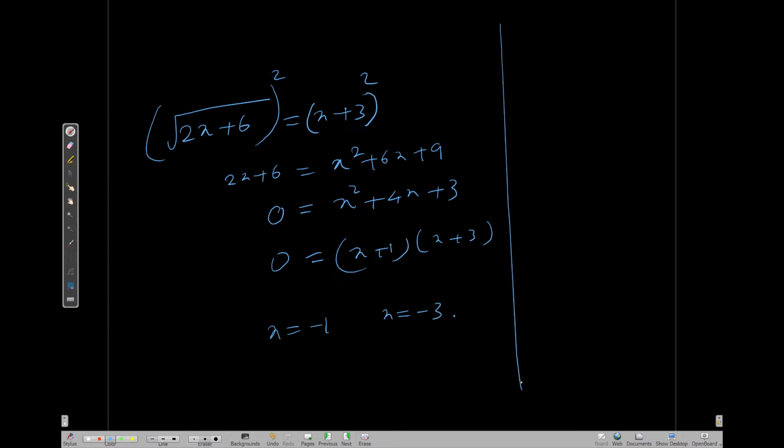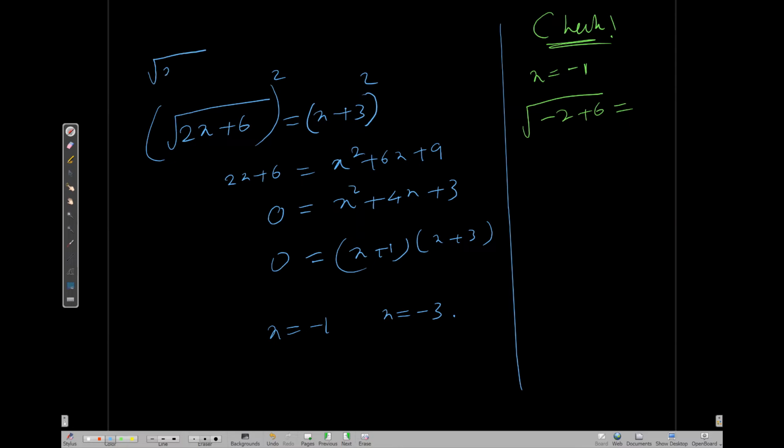Now we have to check. So x equals negative 1. Let's check this one. So when I put negative 1 inside my equation, 2 times negative 1, which is negative 2, plus 6 equals, see, my original equation, I shouldn't have done it like this.